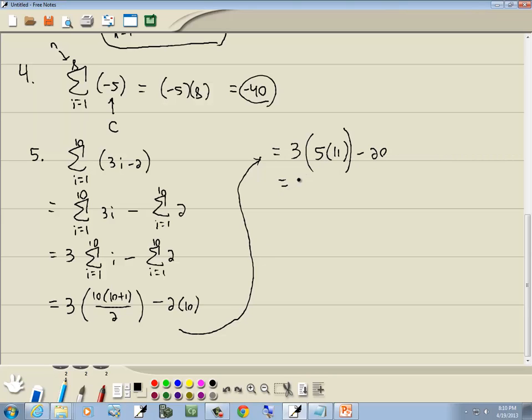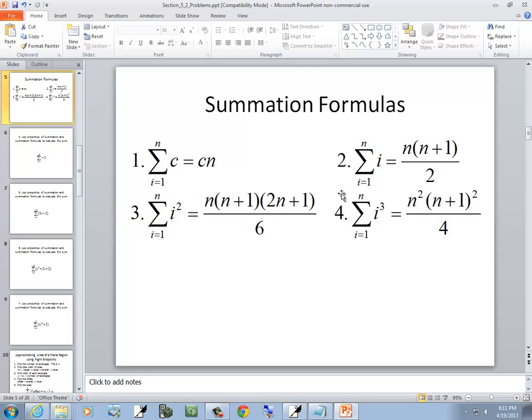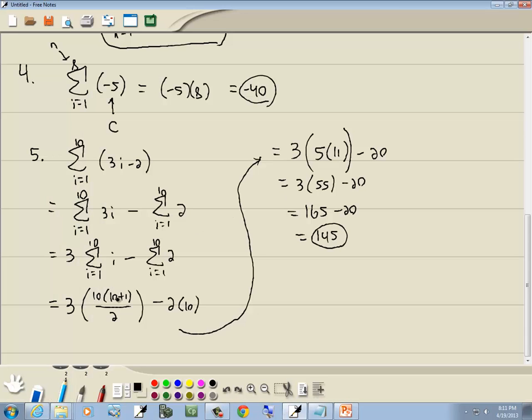So we got 3 times 55 minus 20, which gives us 165 minus 20, which gives us 145, assuming I didn't make any basic math error. So again, we split them into 2 separate pieces, broke it down so we could look it up on our formulas here. Here's i, and that's n times n plus 1 over 2. And this is a number, so you just take the number times n, so 2 times 10.